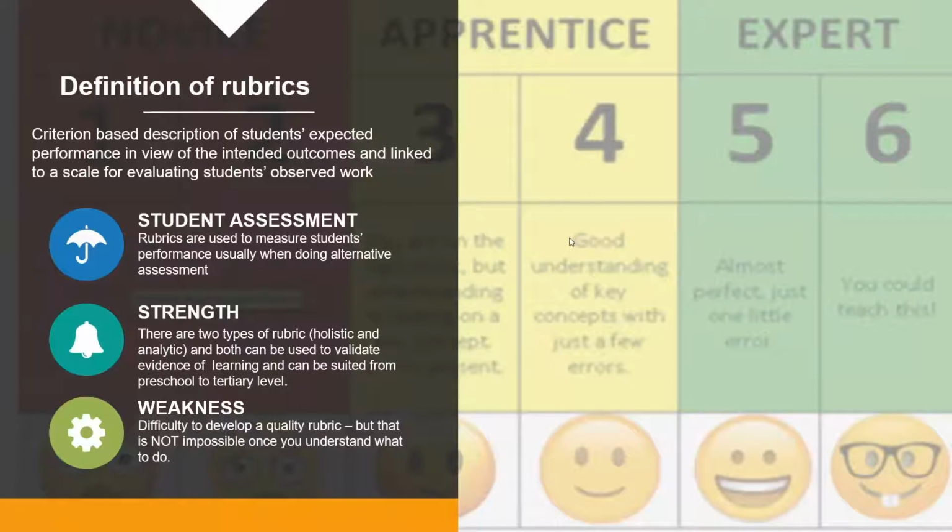However, when you're using rubric, the weakness will be that it's difficult to come up with a good quality rubric. I know people struggle to come up with rubric. I struggle coming up with rubric too. But having said that, it is not impossible for you to come up with a good rubric suitable for your course if you know what you're looking at, if you know what you want to measure.